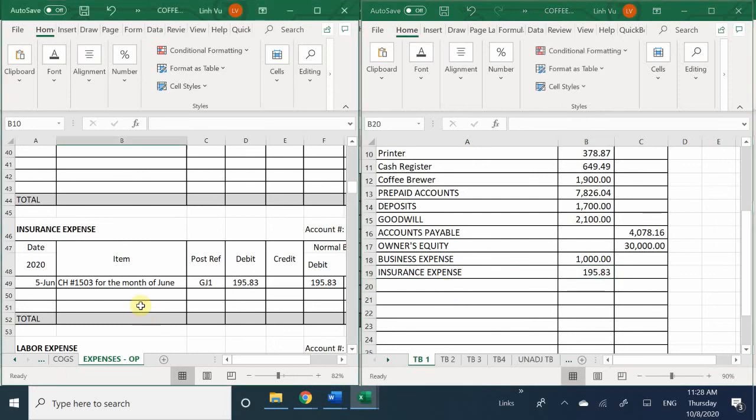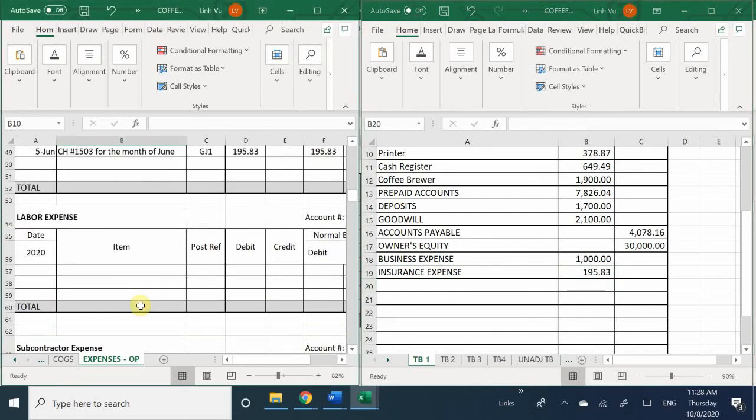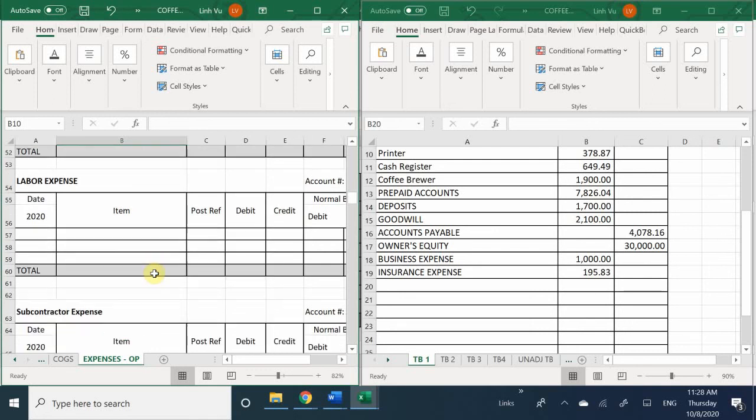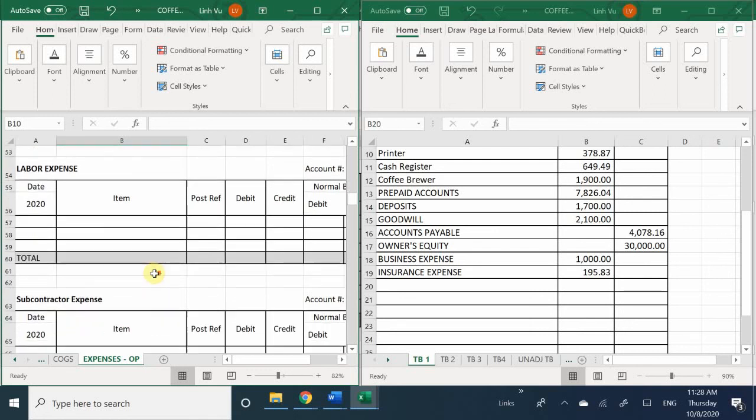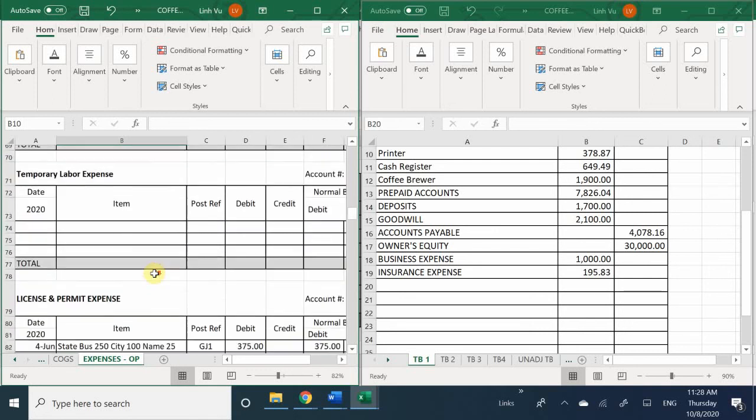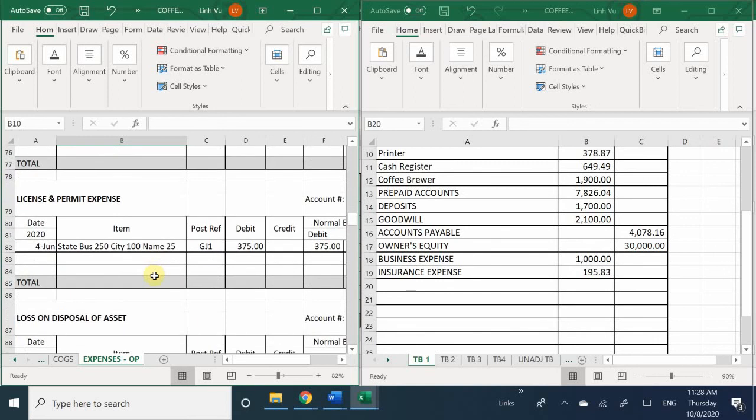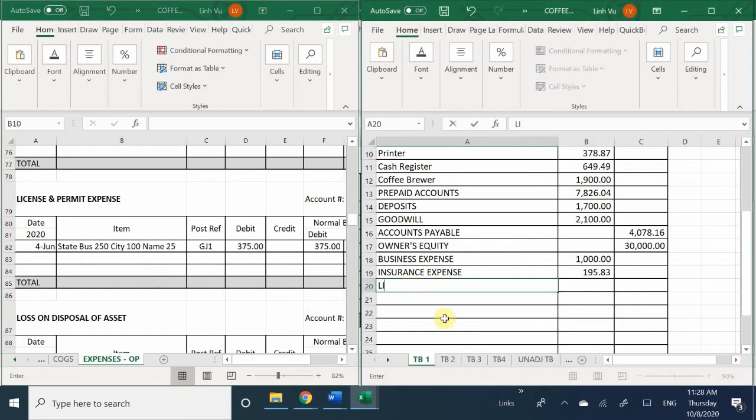Okay. What about labor expense? Not yet so far. Okay. How about license and permit expense? Yes. We have a license and permit expense for $375.